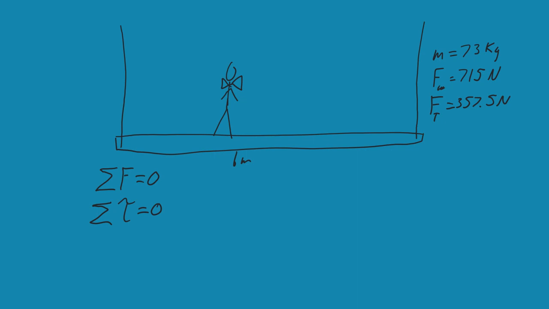let's imagine that one of you is on the left side and one of you is on the right side. As I move towards the right side, the left side is going to get a smaller force of tension, while this side is going to have to push up with more, right?